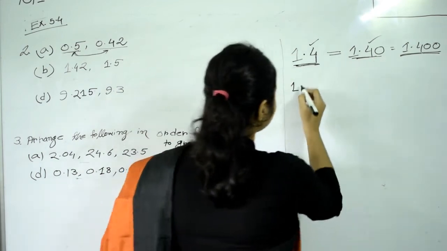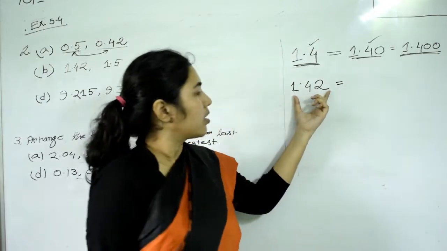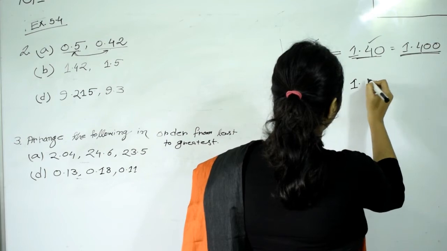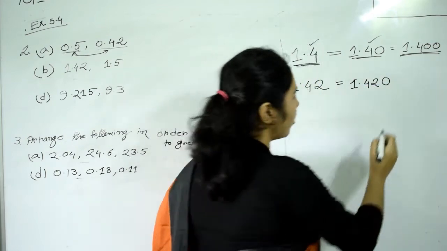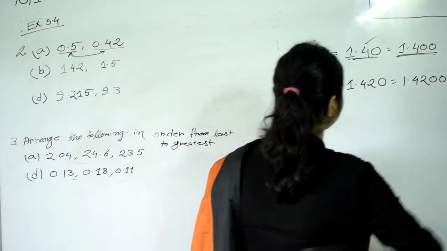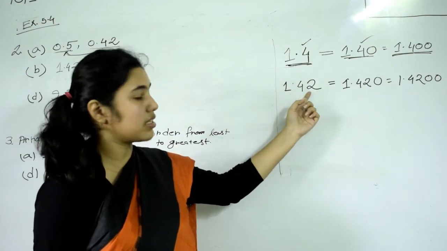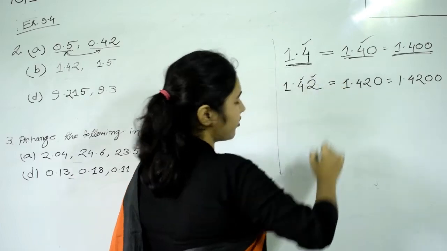Okay? So suppose you have 1.42. Then this number is equivalent to 1.420 or 1.4200, because in this number it has two decimal places, right? 10th place, 100th place.